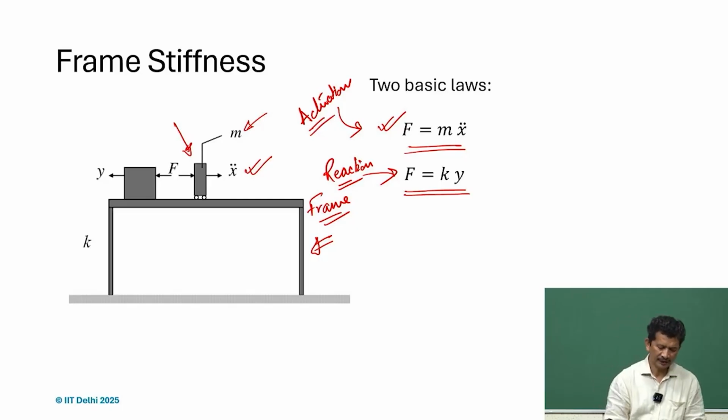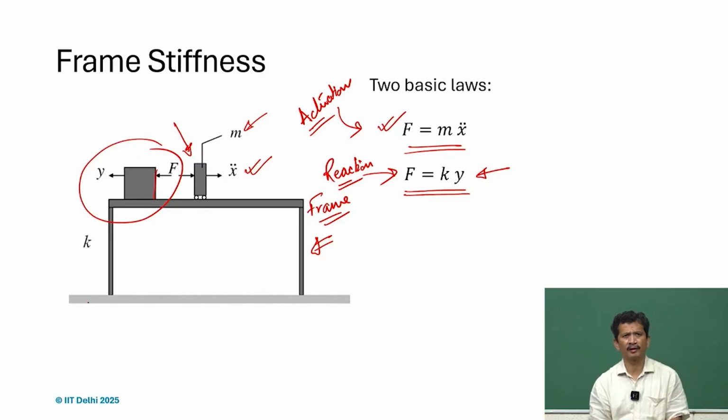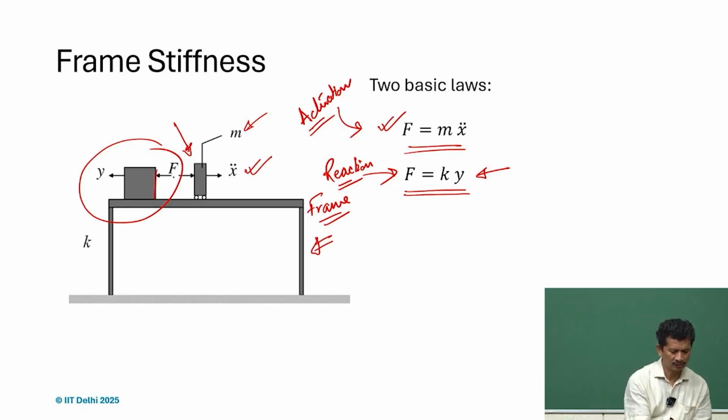But we realize that this reaction force, if we concentrate on this part, this block, which we can say is a motor taking the load, is supported on that block. So, this is the reaction force, and this is your actuation force, Fa and Fr.